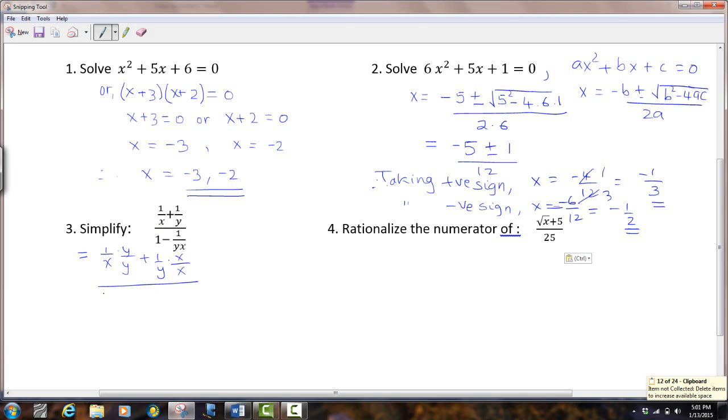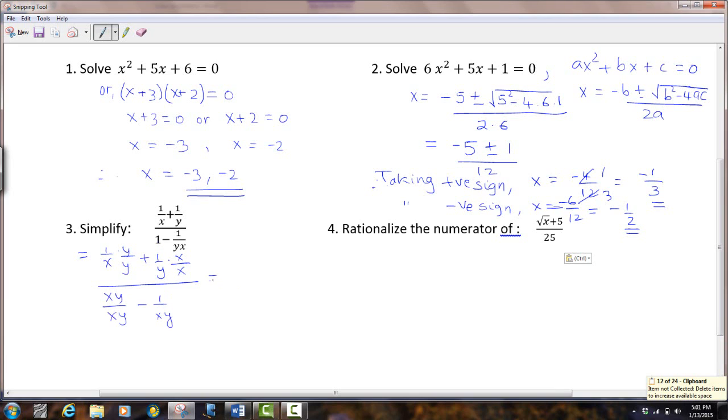In the denominator I can write xy over xy for 1, because xy divided by xy is 1, minus 1 over, here y times x is the same as x times y.